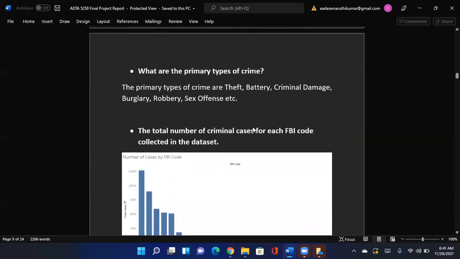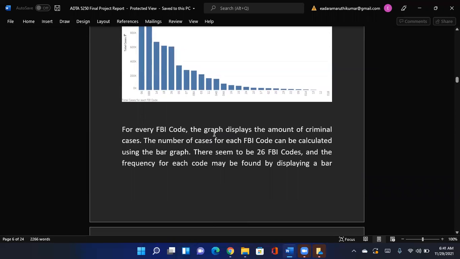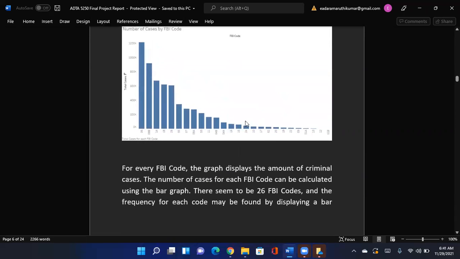After that, here are the total number of criminal cases for each FBI code collected in the data set. For every FBI code, this graph displays the number of criminal cases calculated.